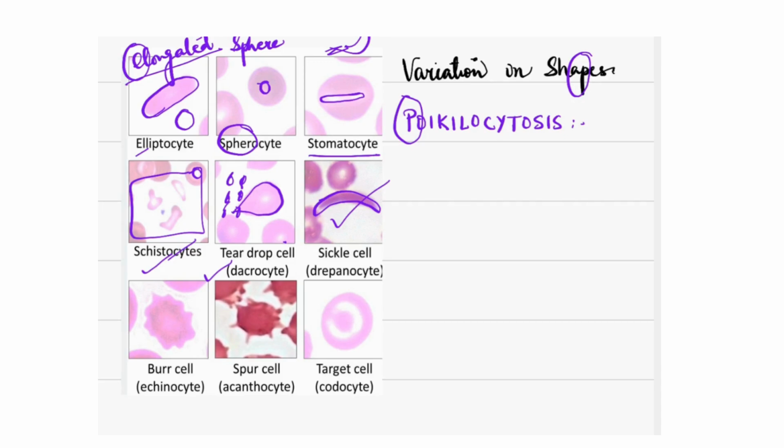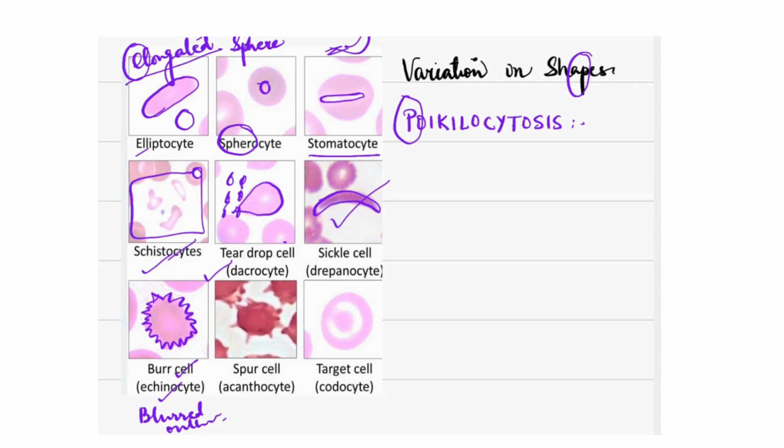Okay. Now Burr cell. What is a Burr cell? It's called an echinocyte. So remember blurred. Blurred outline is Burr cell. You will not remember Burr, but you will always remember blurred.